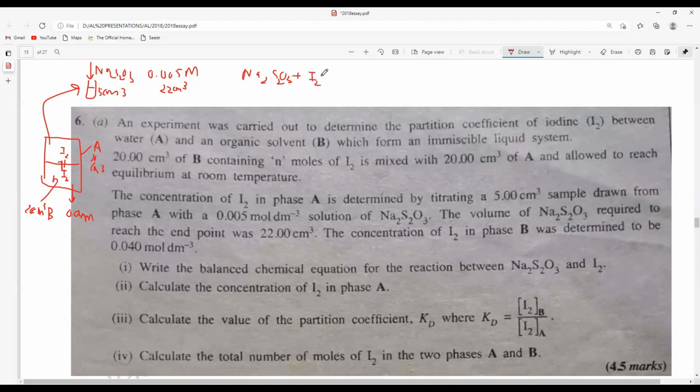So with I2, put the physical states, aqueous. This will give NaI plus the tetrathionate, Na2S4O6. So you can put 2 here and 2 here to balance.